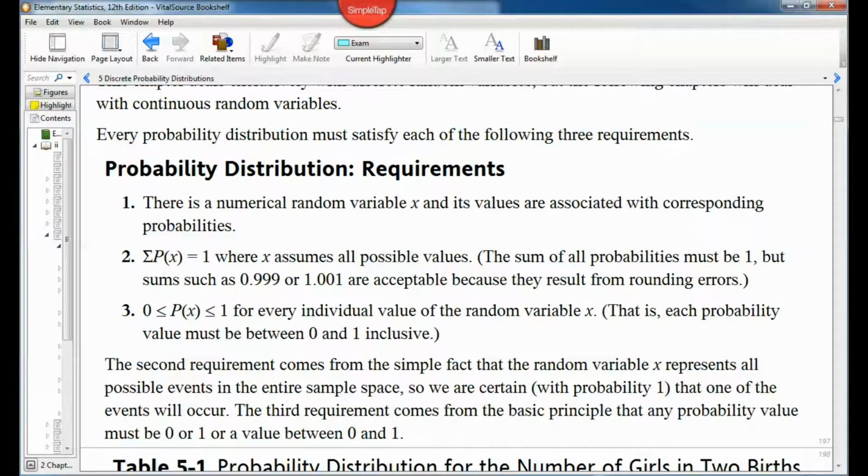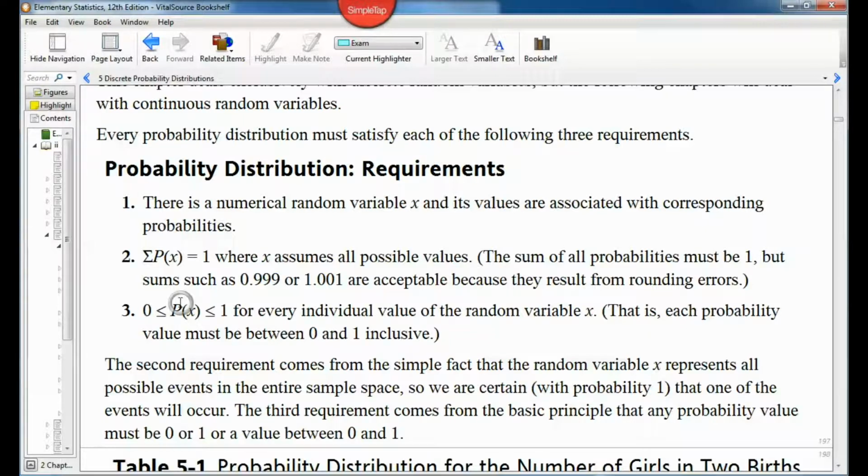Now your book does say that 0.999 or 1.001 are acceptable because they result from some rounding. Okay. Now if it's off by a tenth, then no, that's not acceptable. But if it's off by a 10,000th or a thousandth, then that would be acceptable.